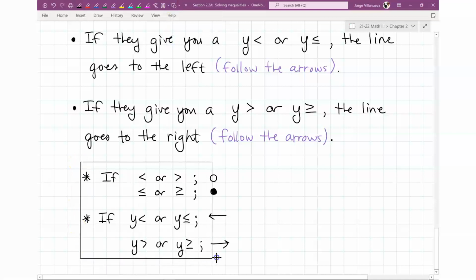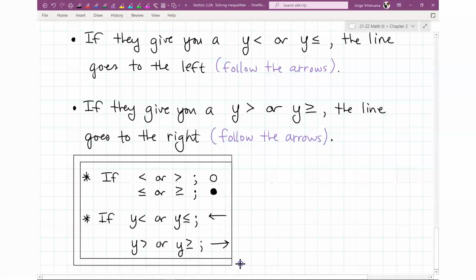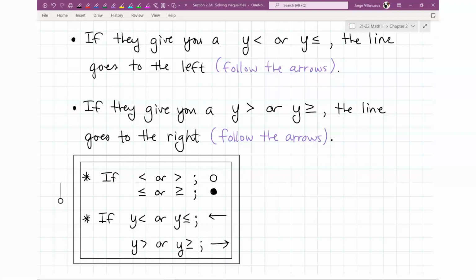This is what you're going to want to use to figure out which direction you're going to go. You know, should the circle be a solid circle or should it be an empty circle, right? So all that stuff is what we need. And it's all just kind of put together right there without all the words and stuff like that.